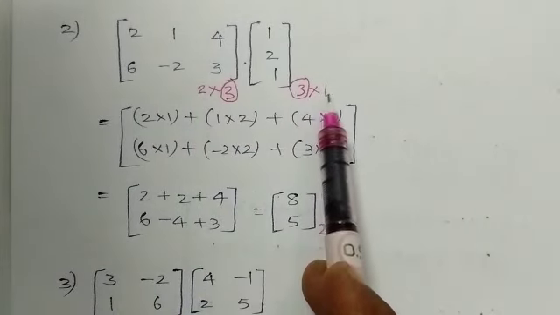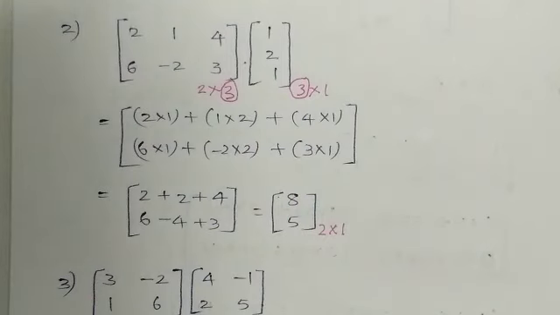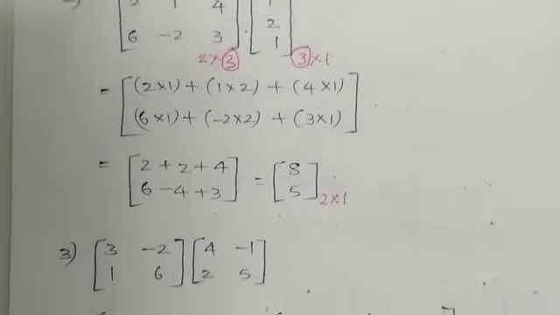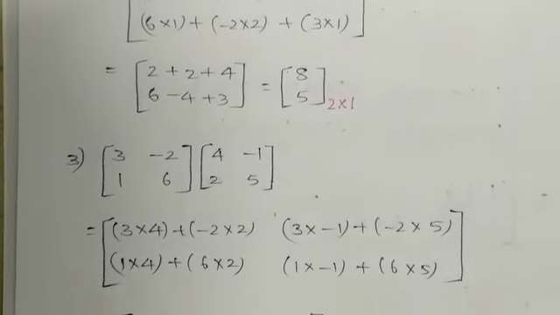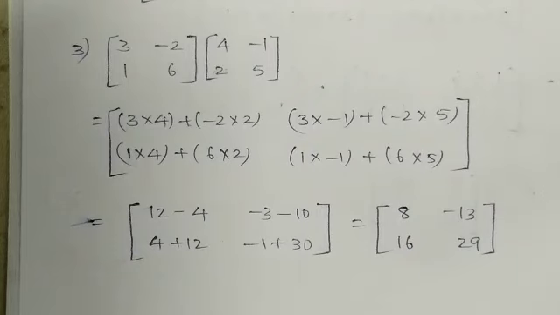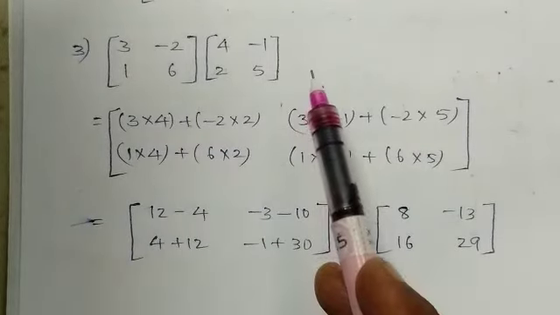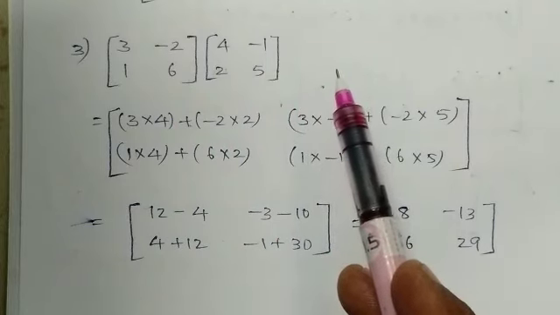So these two numbers give the order of resultant matrix. Next, the third sum. These two matrices are to be multiplied.